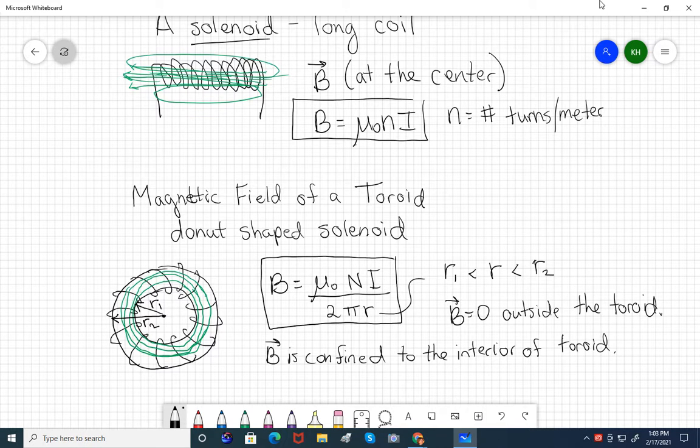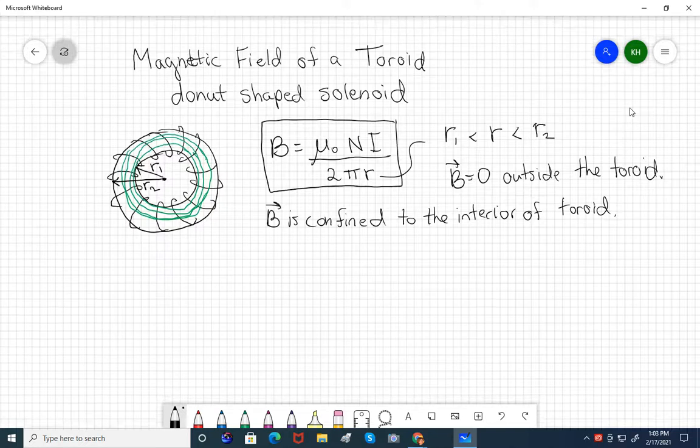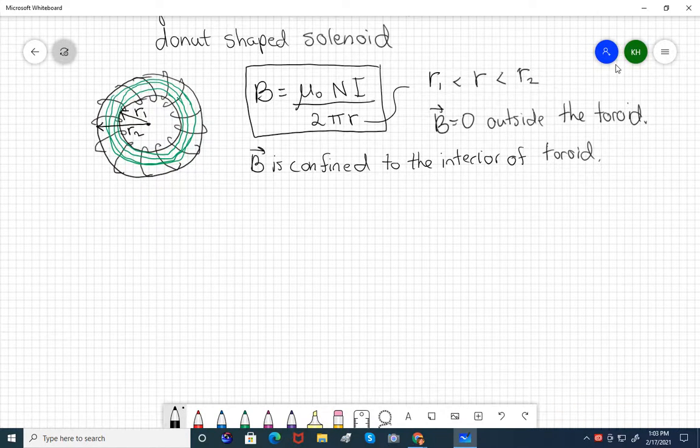Let's look at 68, just because it's the only one I see that's a toroid, and it's our last formula up here. So this is problem 68 in your textbook.